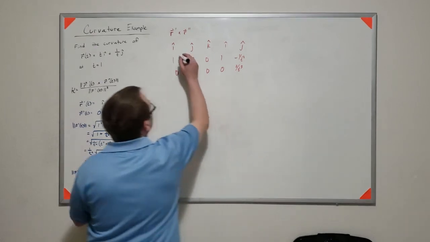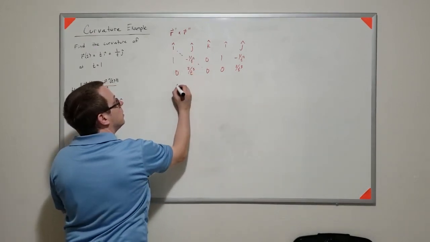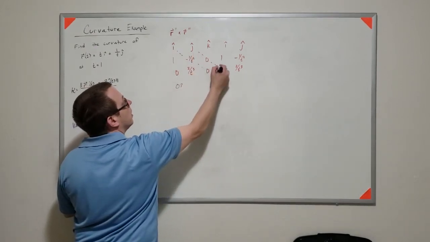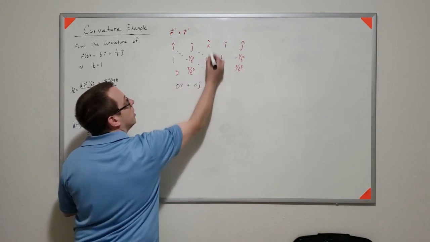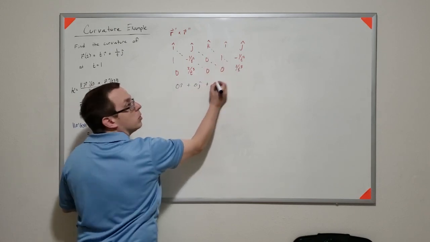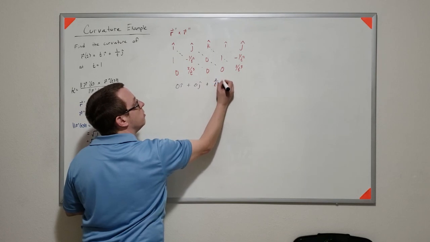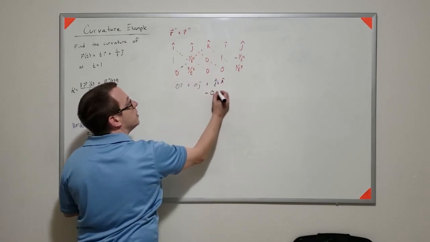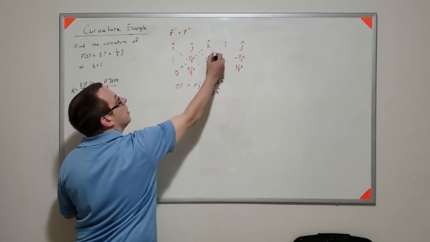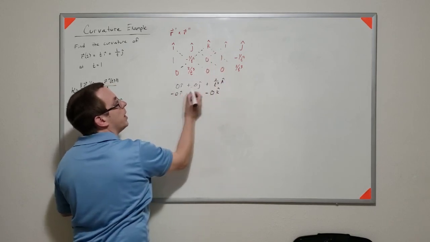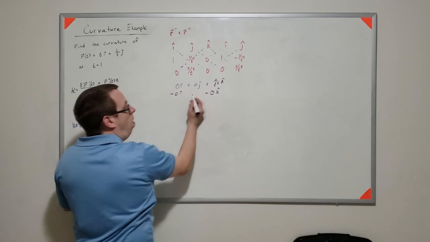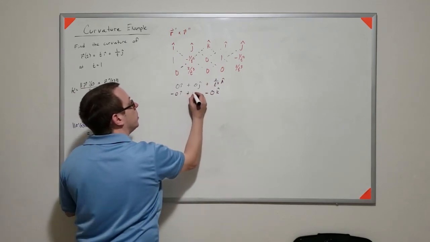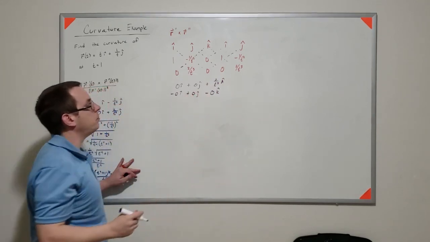So in the i direction, I get 0i plus 0j plus 2 over t cubed k, minus 0k hat, minus 0i hat, plus 0j hat.